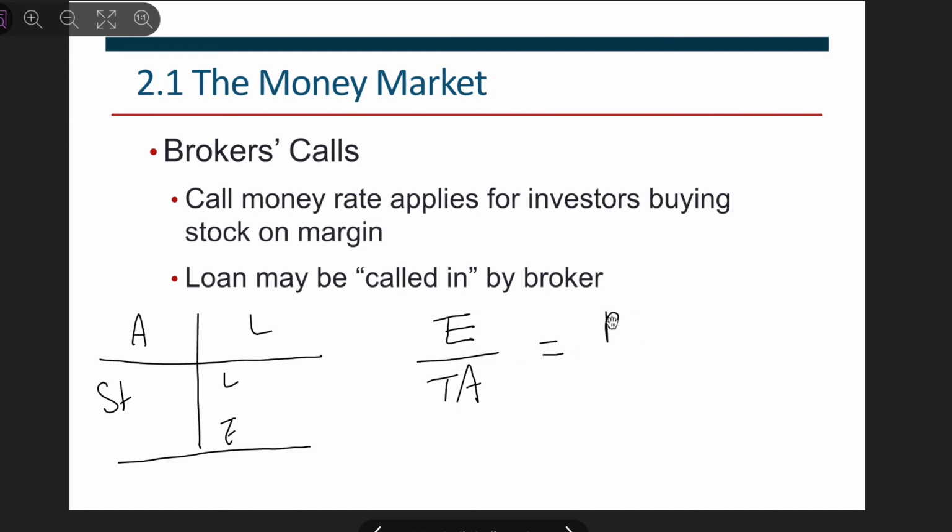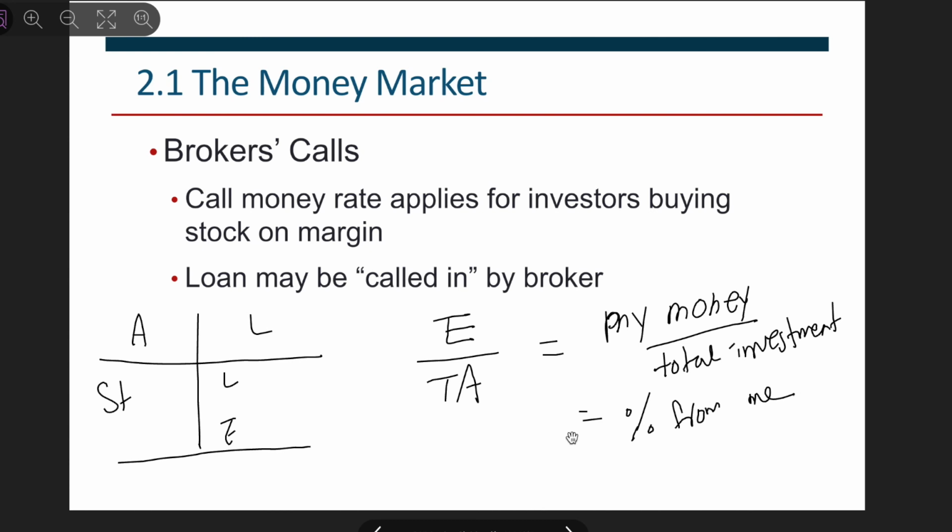My money over total investment. It shows how much percent is from my own money. The other side is L over TA, the percentage not from me. Okay?